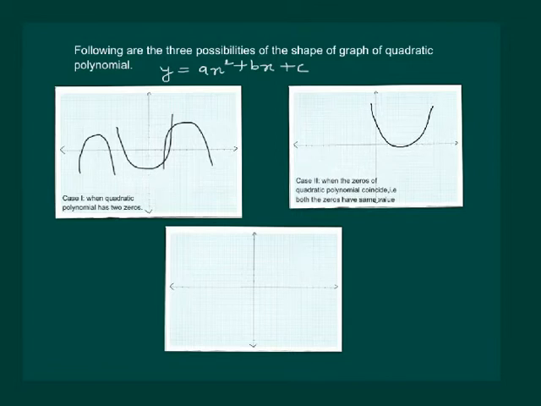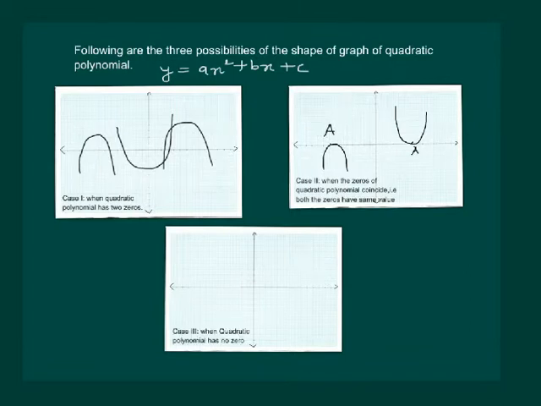Roughly, it would touch only at one point, say A, or it would be something like this, just touching at one point A.